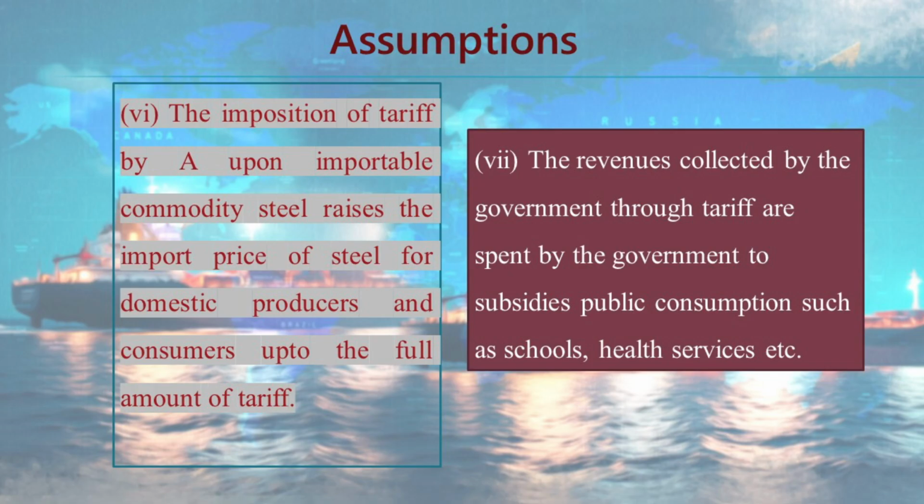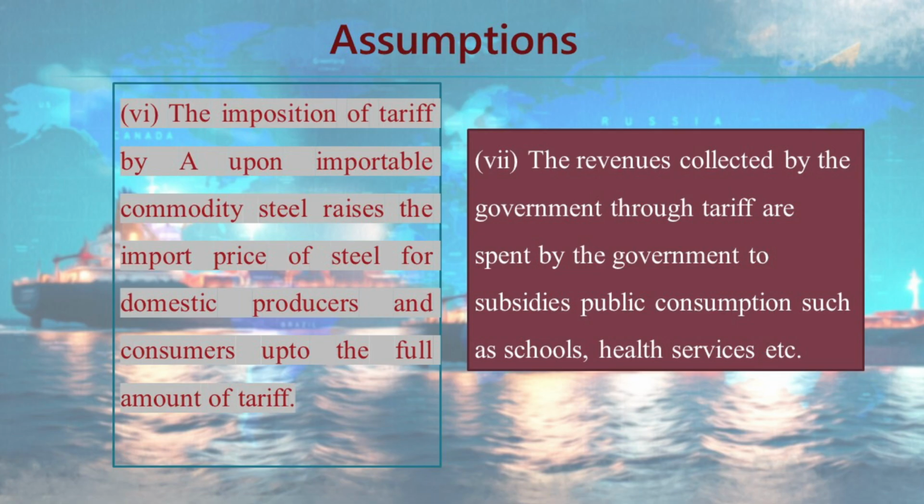Again, let us take another assumption: the revenues collected by the government through tariff. So why is tariff imposed? One of the objectives of imposing tariff is to generate revenue, to earn revenue. Suppose after imposition of tariff, revenue has increased.